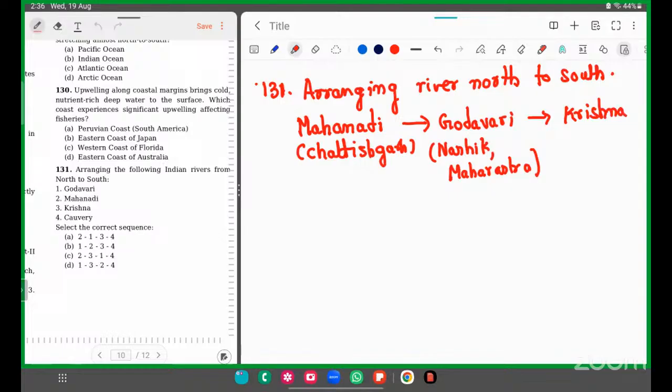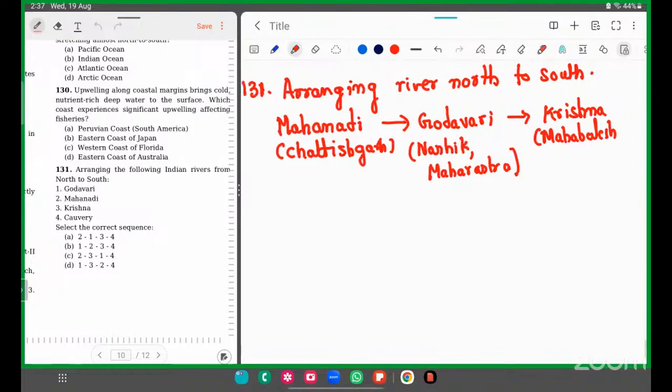Krishna originates in Mahabaleshwar, which is in Maharashtra.